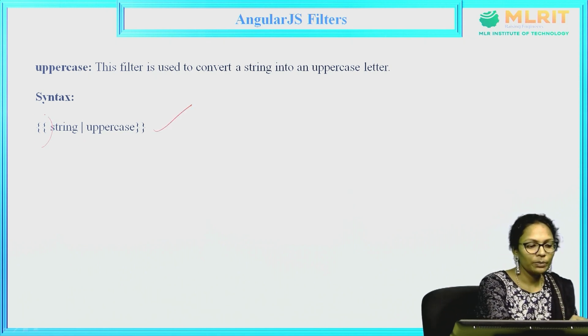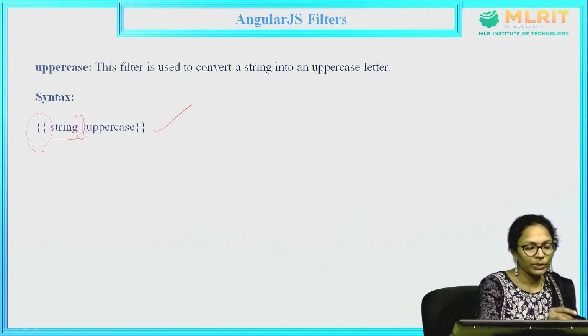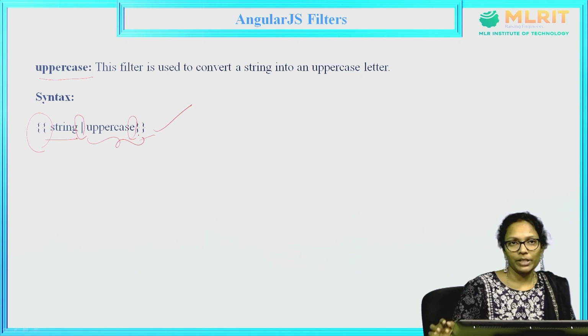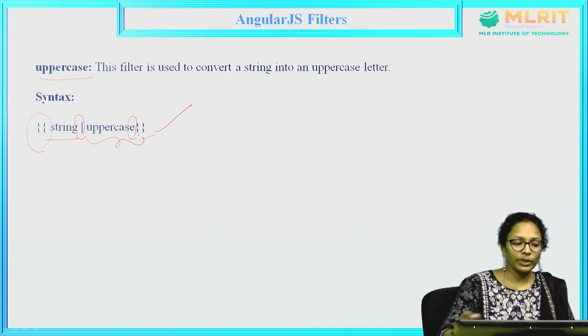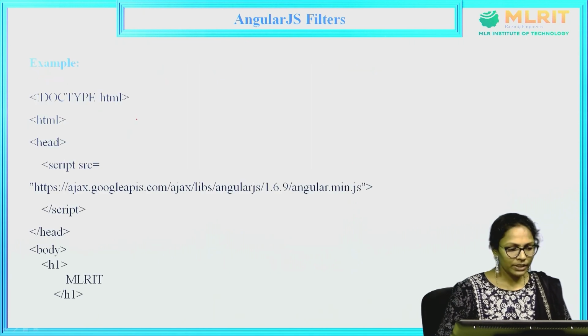Within the curly braces, I write the string which I want to convert into uppercase, followed by the filter symbol, that is the pipe symbol, and then the name of the filter, uppercase, and then close the curly braces. Here you are not specifying any parameters, because our aim is just to convert into uppercase. Simply specify the name of the filter. That's all. So, let's see an example for this.